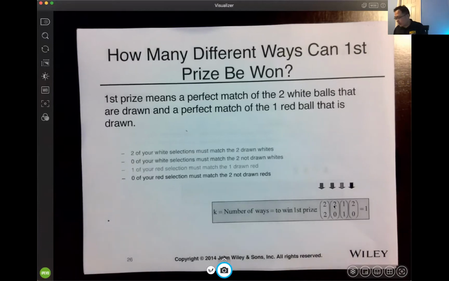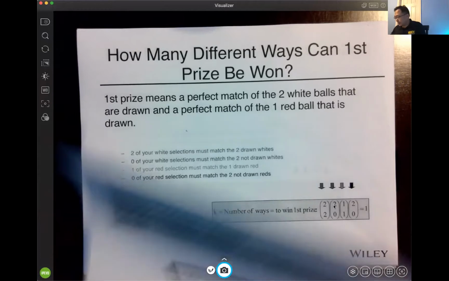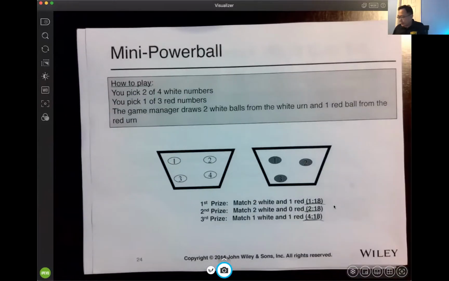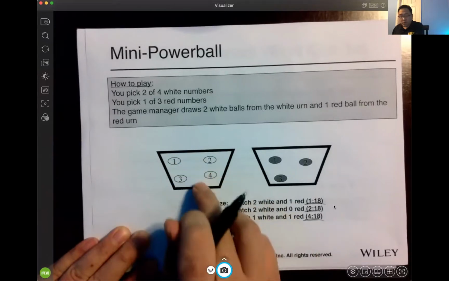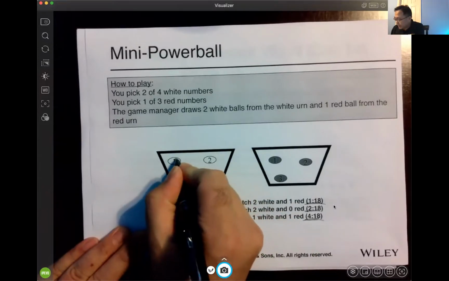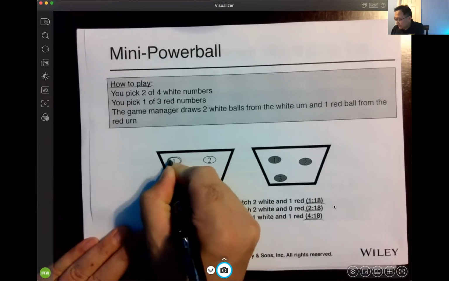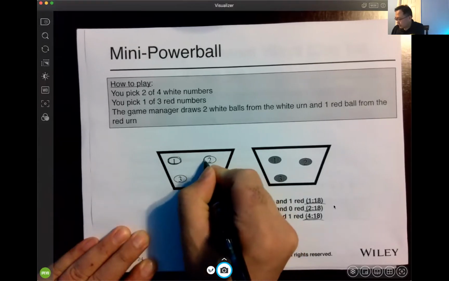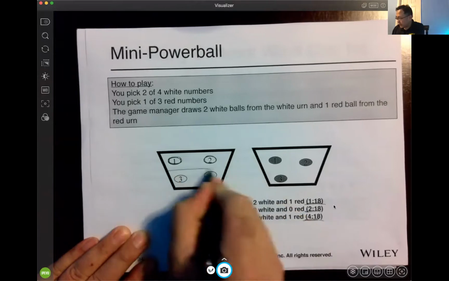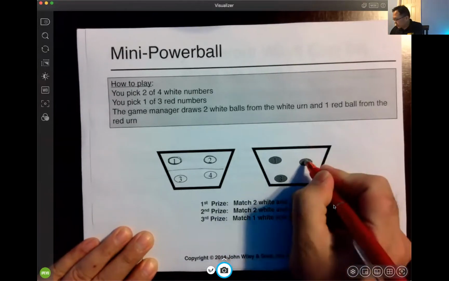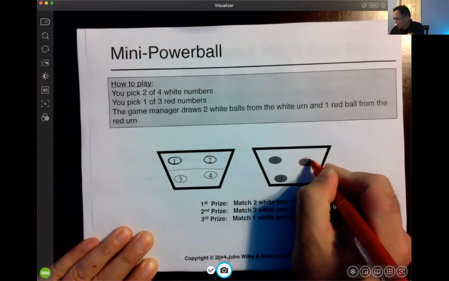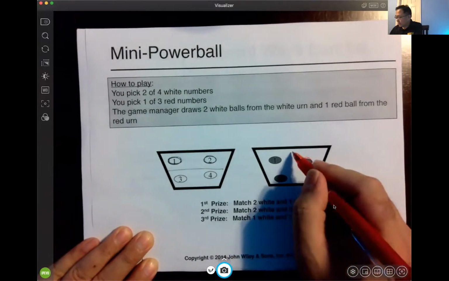How do I know that? You can think about it this way: let's say in these 4 white balls, there are 2, let's say 1 and 2, these 2 white balls, they are the lucky ones. And the red ball, let's say this one, is the lucky one.